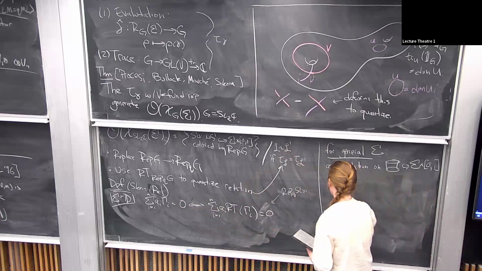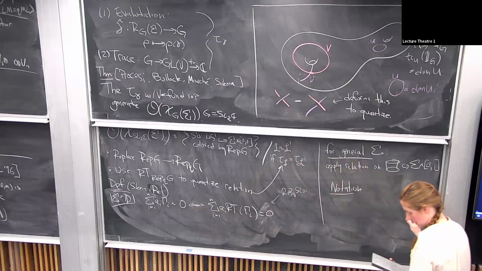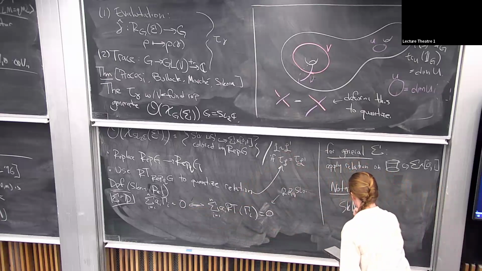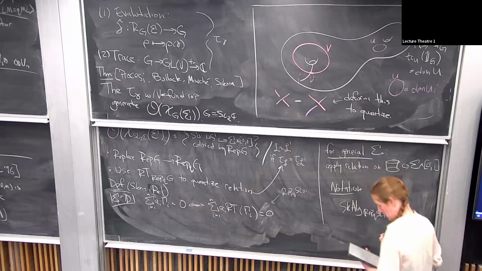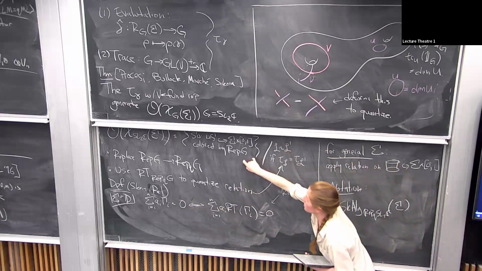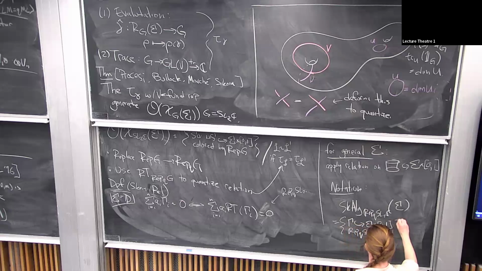And my notation is going to be that the skein algebra of my surface is now going to be, let me rewrite this thing, embedded graphs colored by Rep Q SL2, now modulo these skein relations.